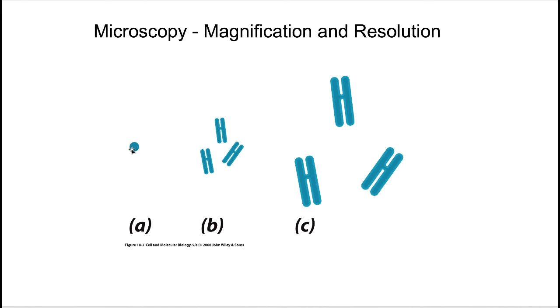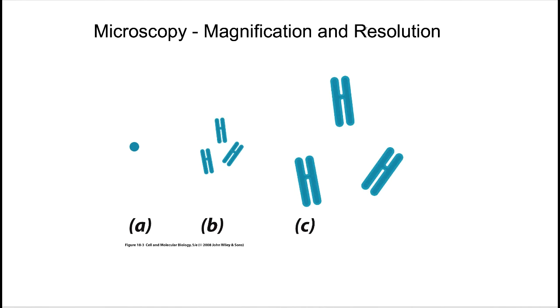For example, here the dot in A is just a circle, but if we increase the magnification of the microscope, let's say the dot turns out to consist of 3 H-shaped structures. So from A to B there is an increase in magnification, and you also get more information. The reason you get more information is that the dots inside this circle are now recognized as separate points.